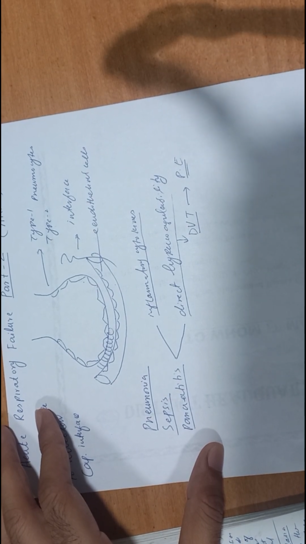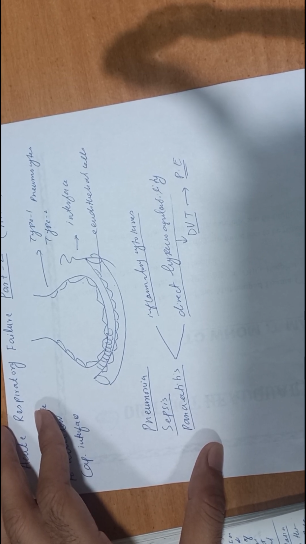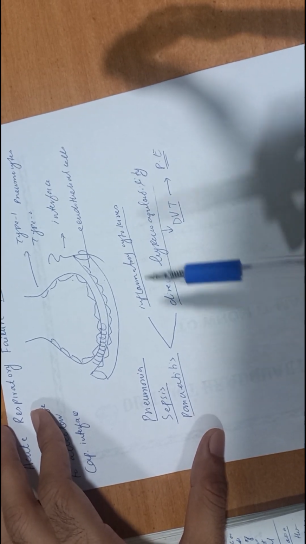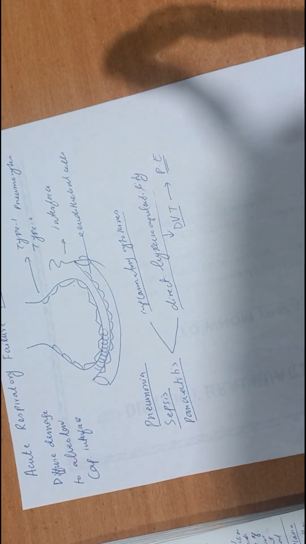Pulmonary embolism is itself a condition which will compromise the blood supply to the pulmonary circulation. If the blood supply is compromised, that will inflict ischemia related injury to the alveolar capillary interface. So this is how pancreatitis can cause damage to the alveolar capillary interface through these two mechanisms.